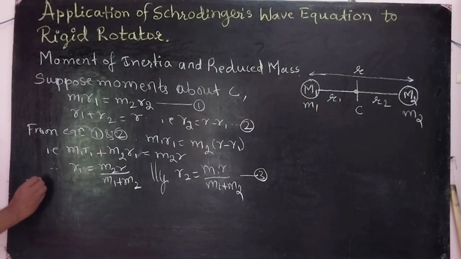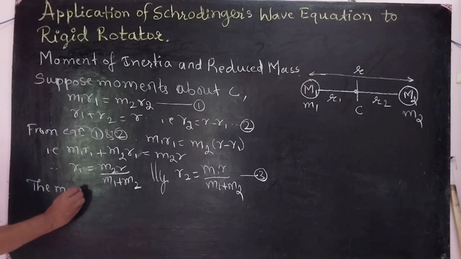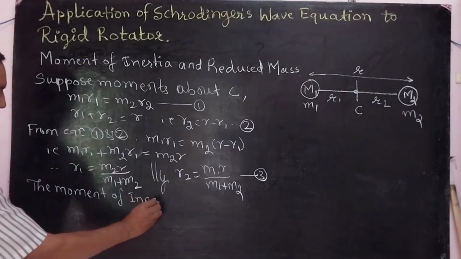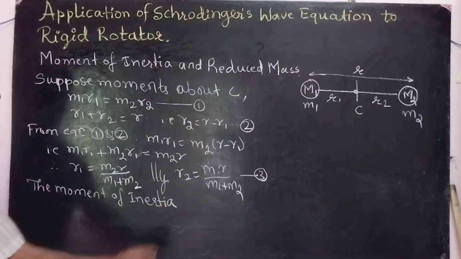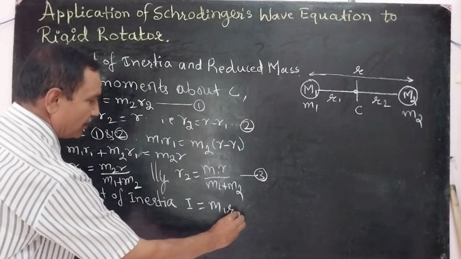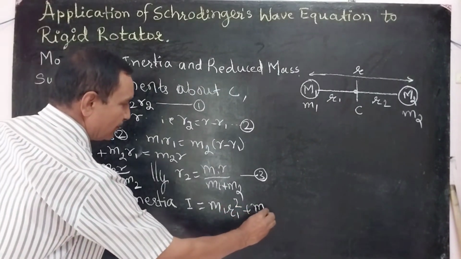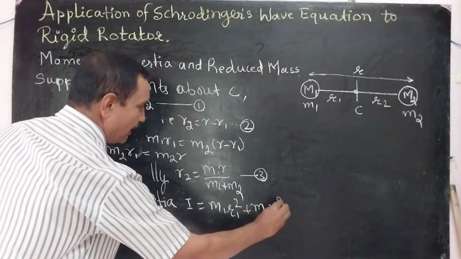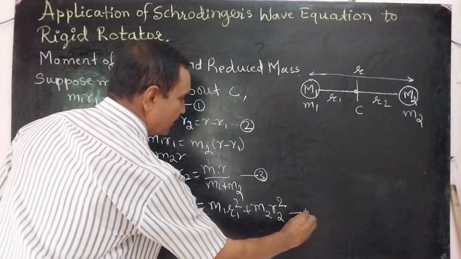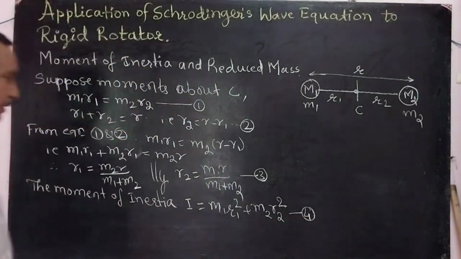The moment of inertia I equals m1 r1 square plus m2 r2 square. Suppose this is equation 4.